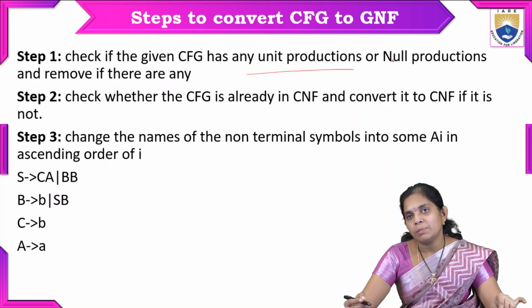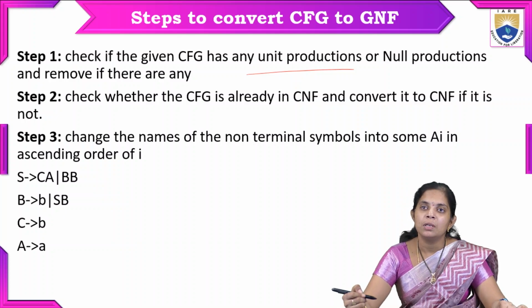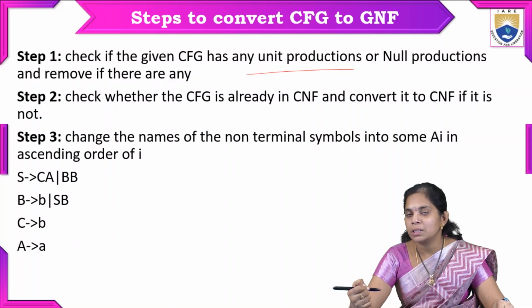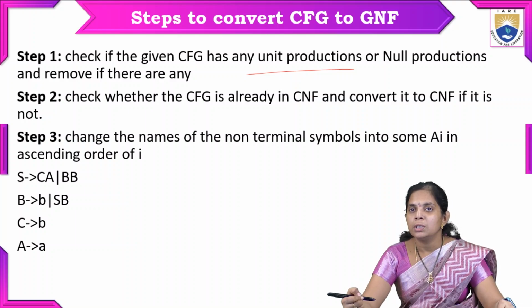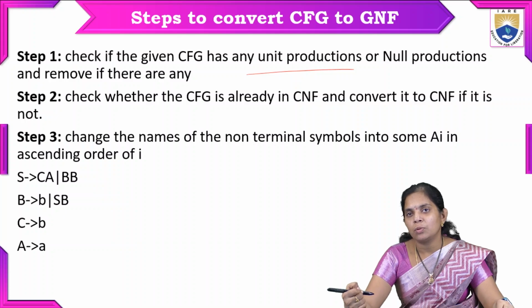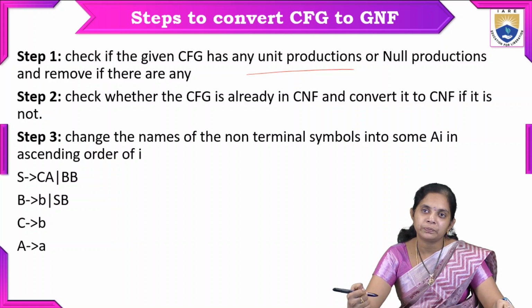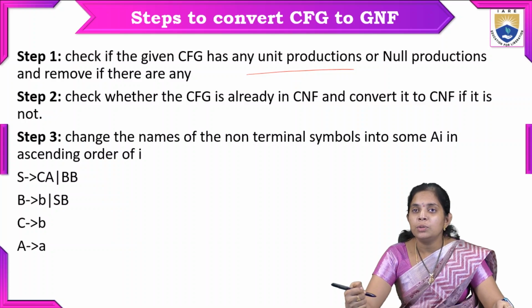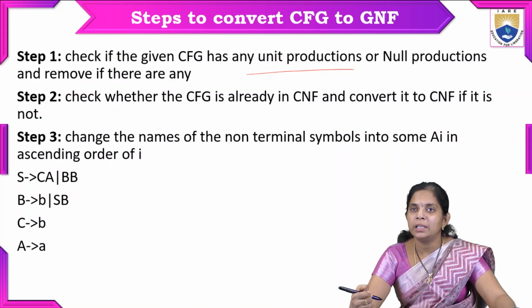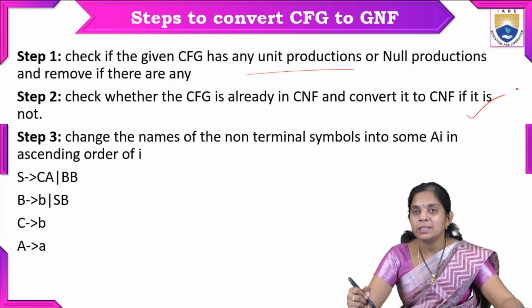So the first step, we need to check for the minimization step. If the grammar is given, we need to check whether the minimization was performed or not. Suppose it has epsilon symbols or unit productions or useless symbols, we need to remove all these things, and then move to the second step.